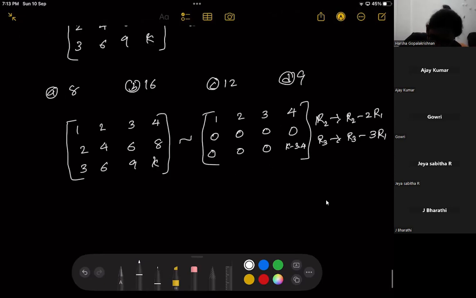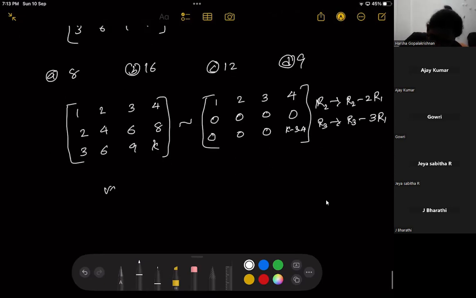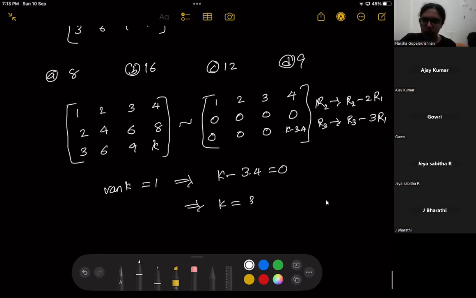So rank equal to 1 implies that K minus 3 into 4 equals 0. That implies K equals 3 into 4, which equals 12. So option C is the correct answer. Just by examining, you can say it is 12. Otherwise, you can do it step by step to obtain the value 12.